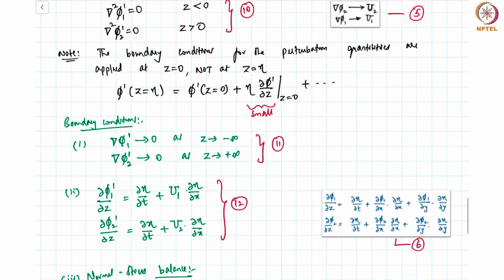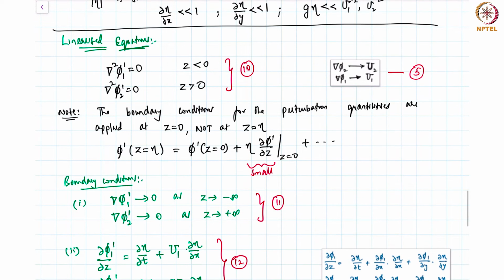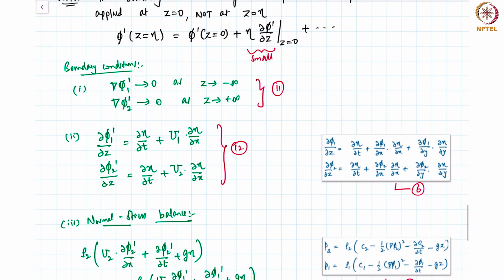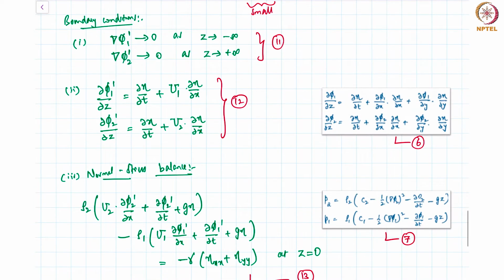So now we have the linear equations and the boundary conditions. Equation 10 is the Laplace equation for the perturbation quantities. The perturbation quantities have to satisfy the boundary conditions 11, that's the far field conditions. Then condition 12 is the interface condition. This is at z equal to 0.